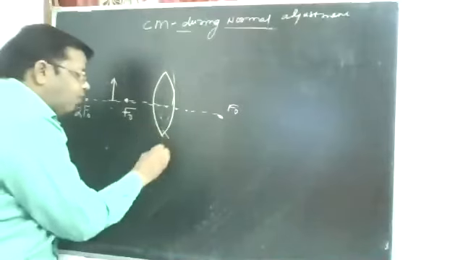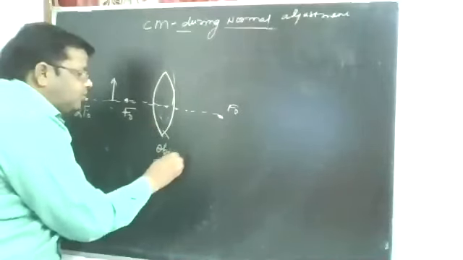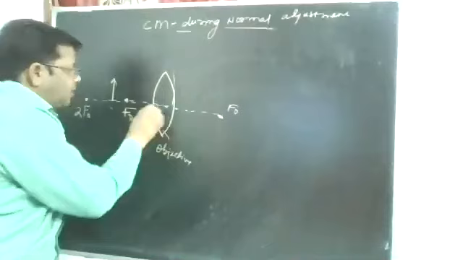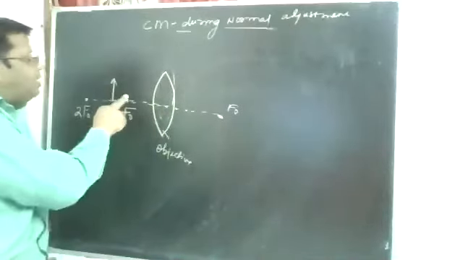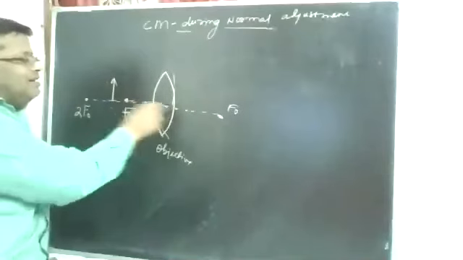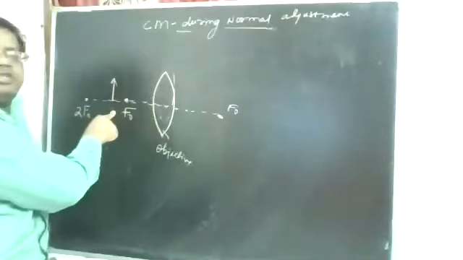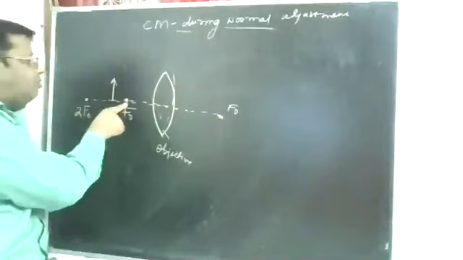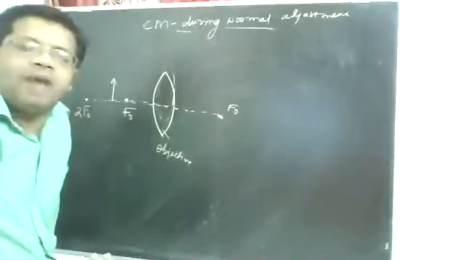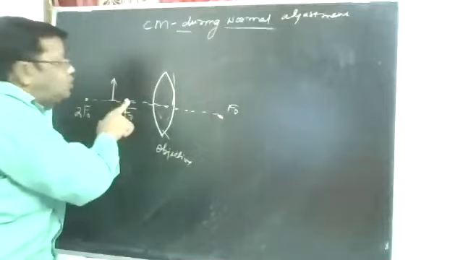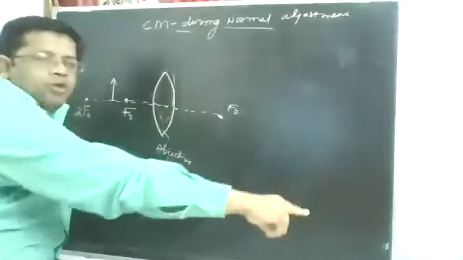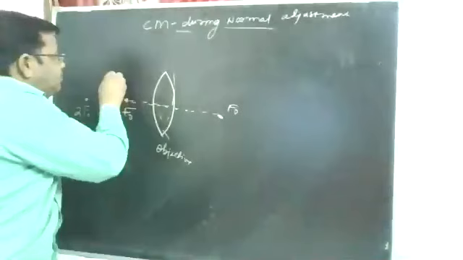Why objective? Because this lens is kept in front of the object. By sliding, we adjust the position of the object between 2F and F. But for getting more magnification, remember, we have to move this closer to get more and more magnification.